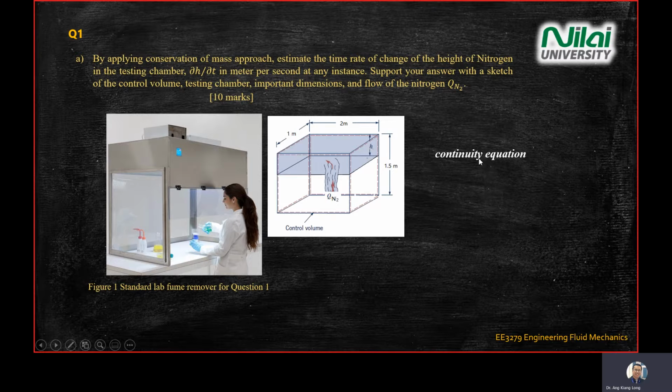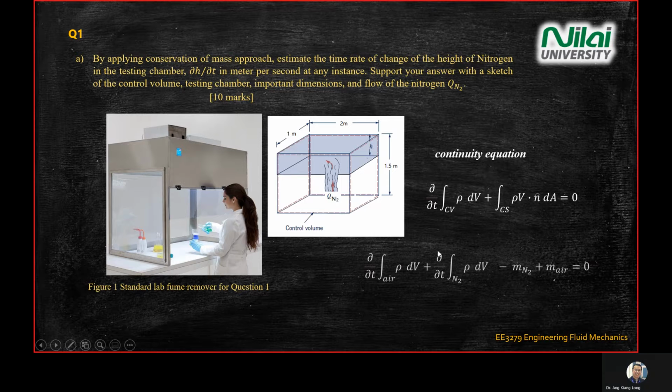By using the continuity equation, you write this equation, and then you expand. For the first term, the control volume, you have air and nitrogen because there's no mixing. So there's an integration for air and an integration for nitrogen. For the second part, the control surface, you have two.